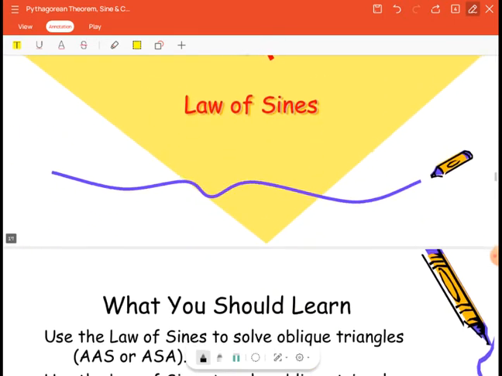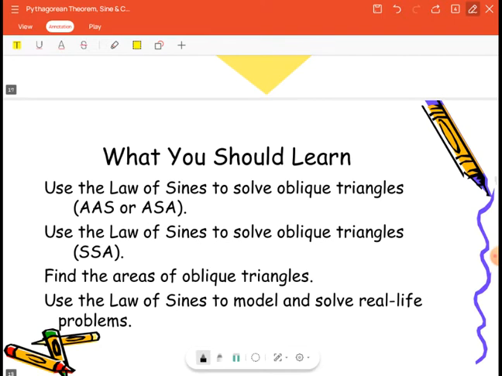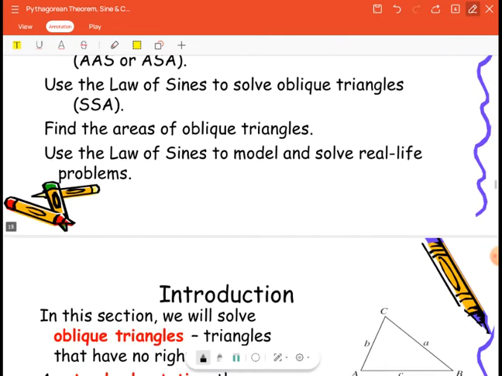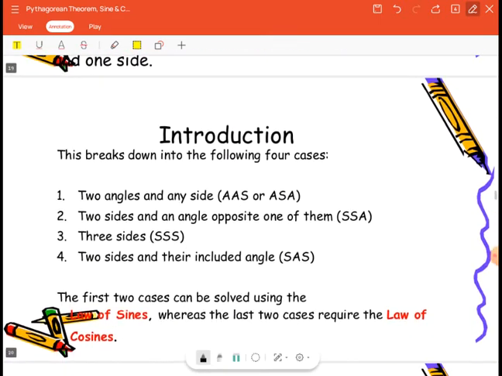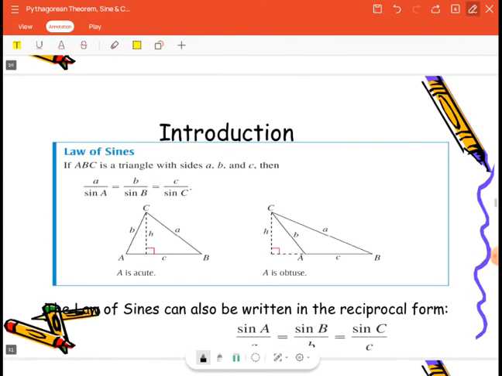Okay, sa law of sines naman, meron tayong mga AAS or angle-angle sides, angle-side angle, side-side angle, no? Alam nyo naman na yun yung paano siya gawin. Pero kuha tayo ng example. So, ang law of sine, basically yung formula niya ay ito.